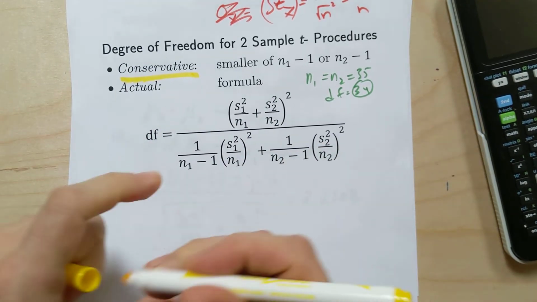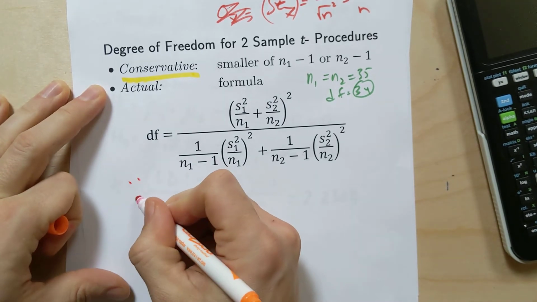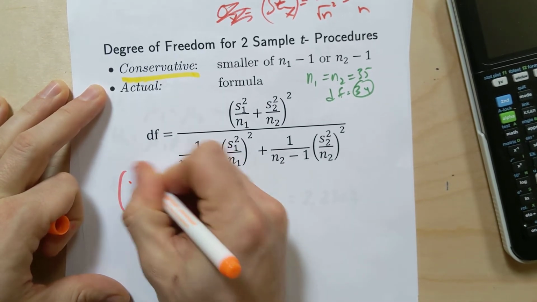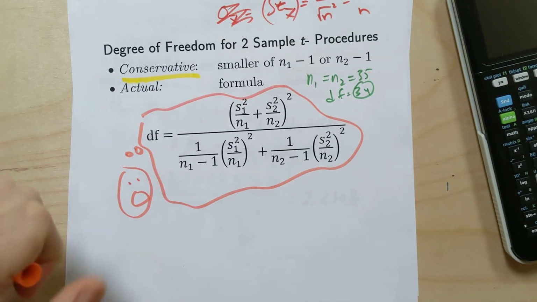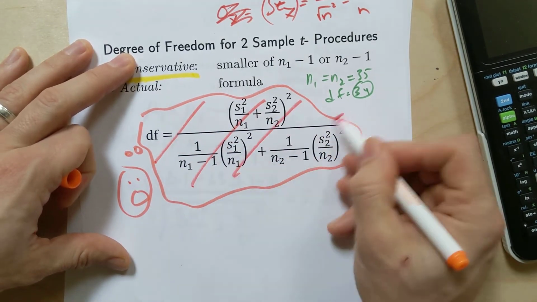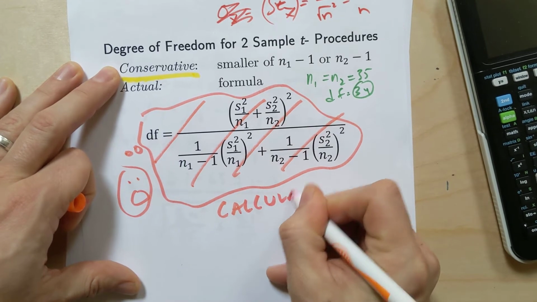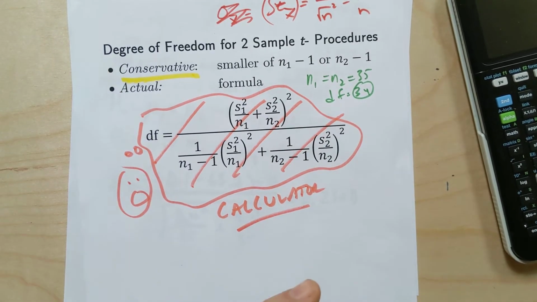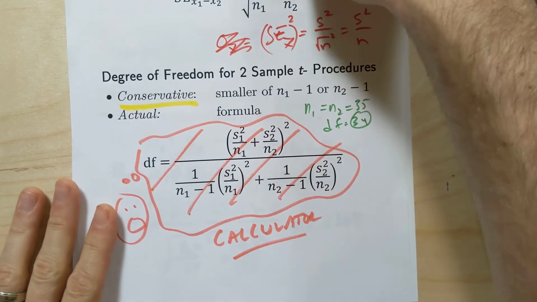So if you're sitting here right now, your eyes are glazed over and you're saying, holy cow, what is going on? You're expecting me to hold this whole thing in my head and I need to have this memorized? Guess what? This formula is not even on the formula sheet for the AP exam, and that's because you can just trust your calculator to do the whole thing for you. The calculator knows this formula and it will use this formula if it calculates a particular degree of freedom, right?